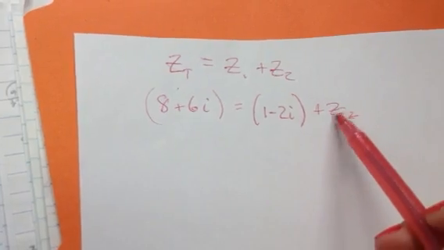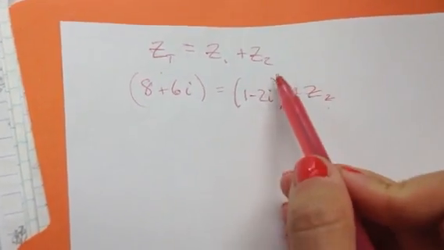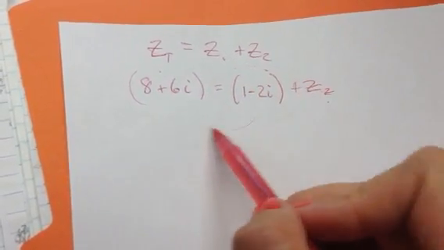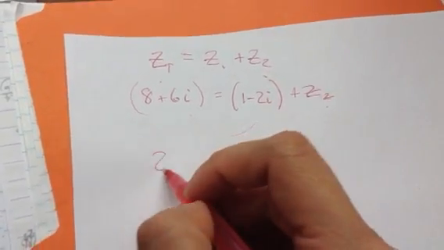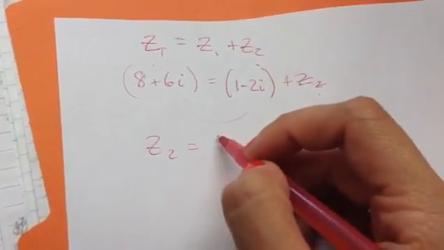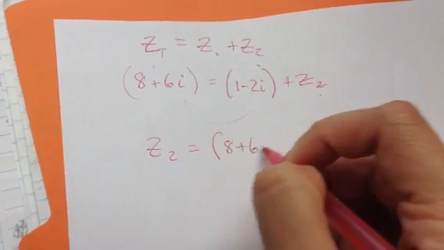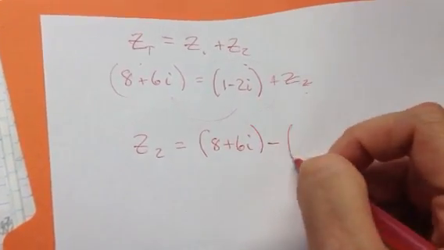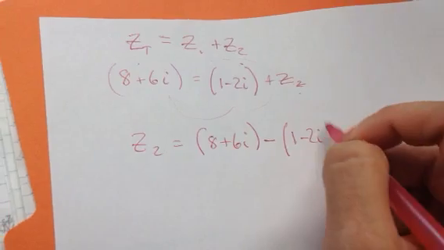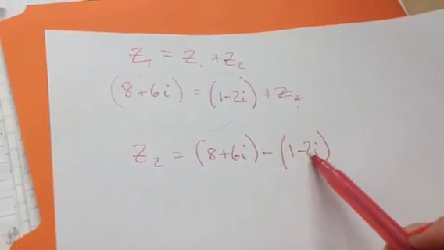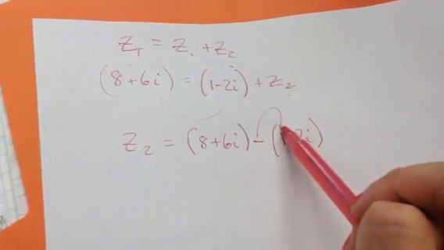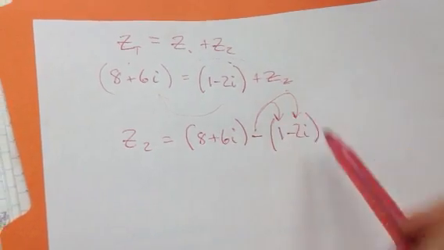So if I want to solve for Z2, I'm going to have to subtract this whole thing by this. So Z2 is equal to 8 plus 6i minus, in parentheses, 1 minus 2i. And if I'm subtracting this, that means I have to distribute my negative.